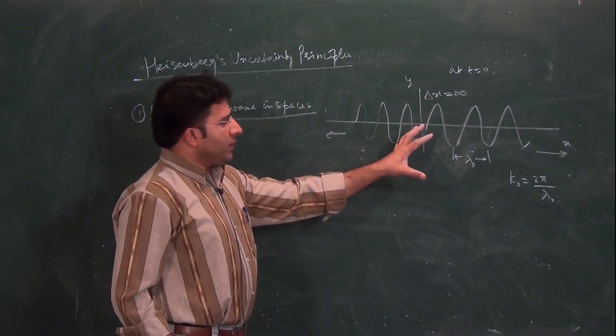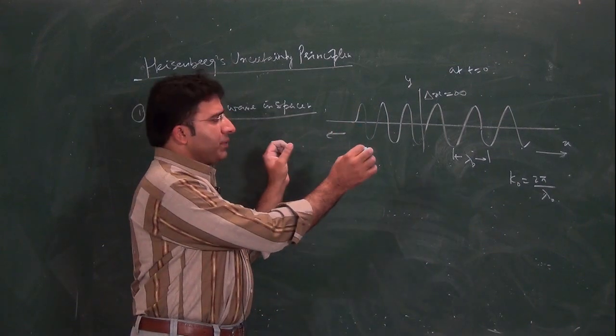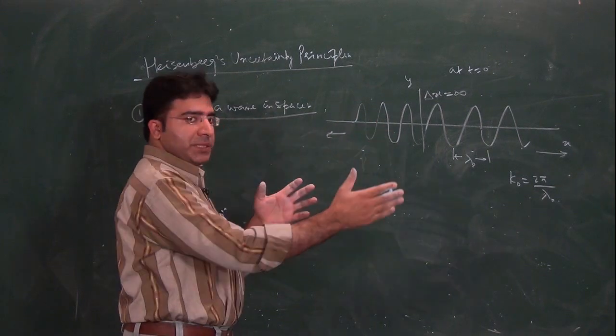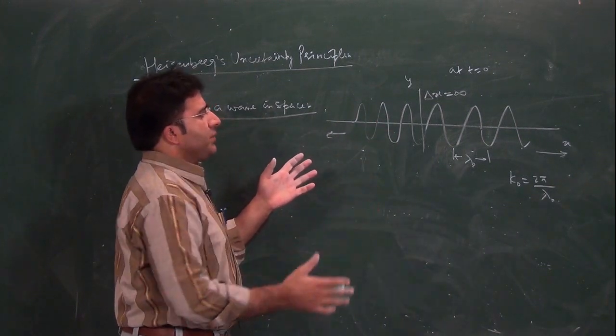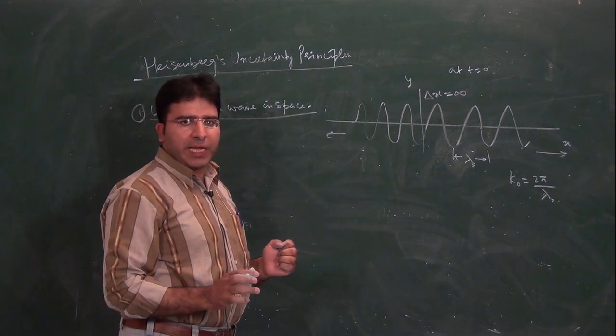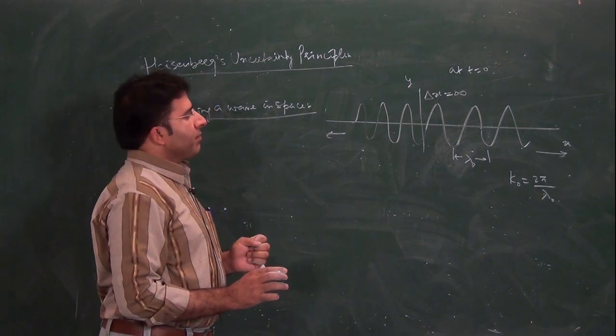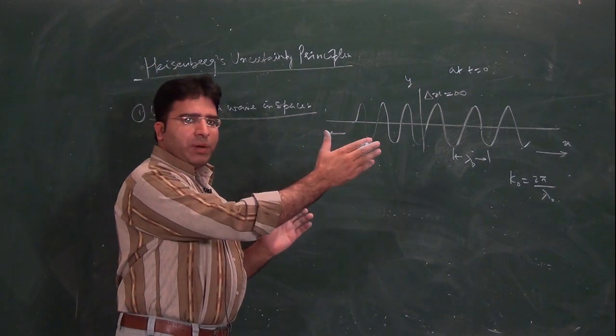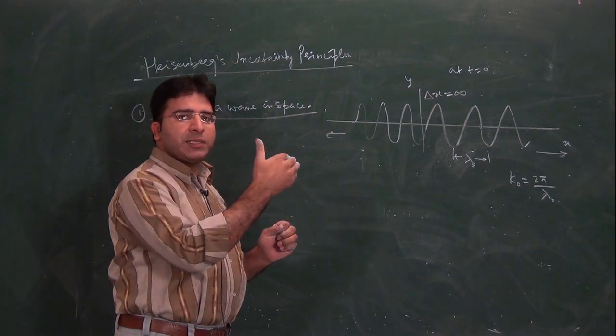Now if we photograph this wave at some particular time, this wave will be spread from minus infinity to plus infinity. That in other words means if we represent a particle by this wave in wave mechanics or quantum mechanics, that will mean the particle can be anywhere from x equal to minus infinity to x equal to plus infinity.